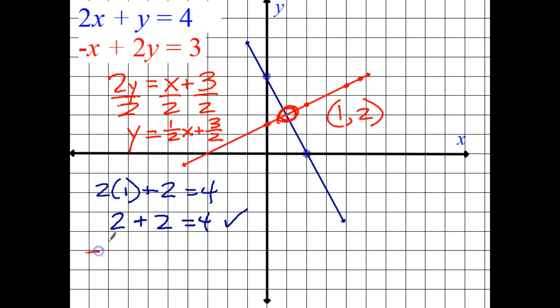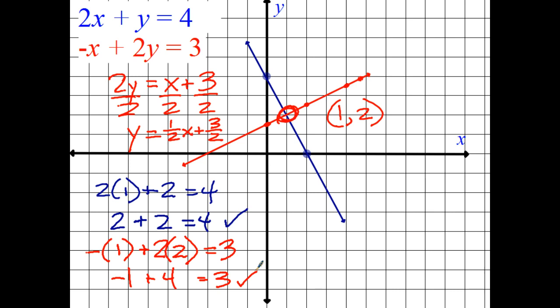We get negative x, which is negative 1, plus 2 times 2. Does that equal 4? Wait, what did I do wrong here? Oh, sorry, it's not 4, it's 3. So negative 1 plus 2 times 2 is 4, equals 3. Does that work? Yes, it does. That's my solution.